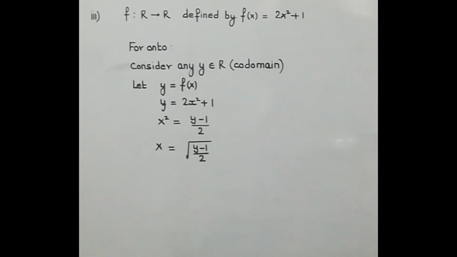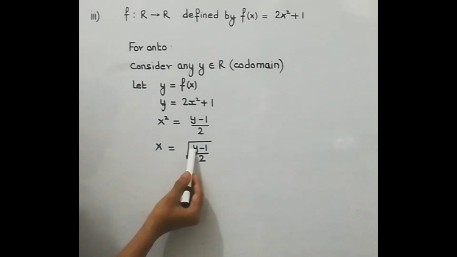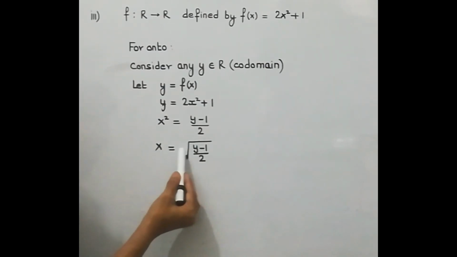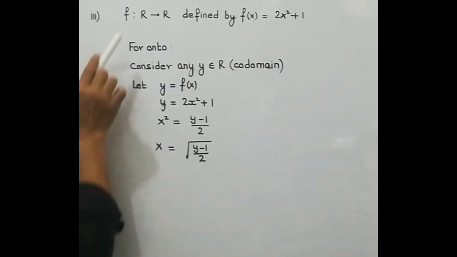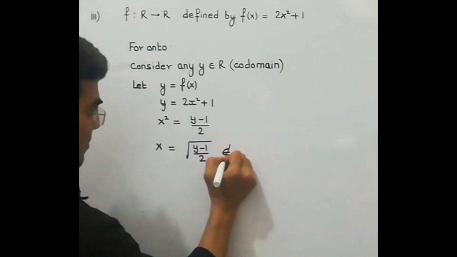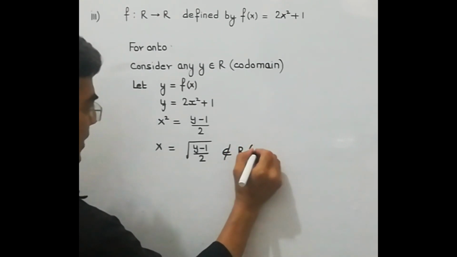Now you see y belongs to real numbers. Now if you substitute any real value for y, you won't be getting a real value for x. For example, now suppose you substitute over here a real value 0. Now if you substitute 0 over here, you will get minus half. So x is equal to under root of minus half, which does not belong to real numbers. So we can say that this does not belong to R, that is domain.